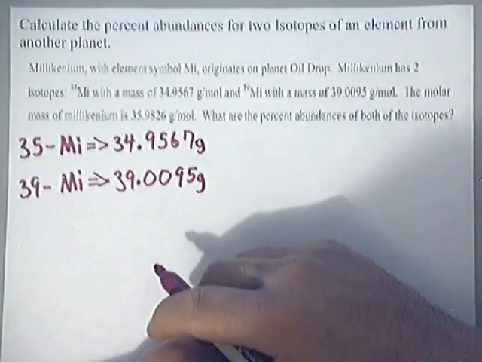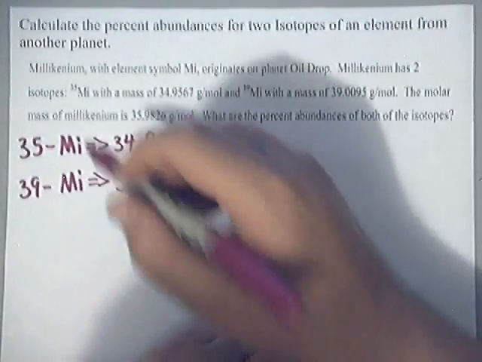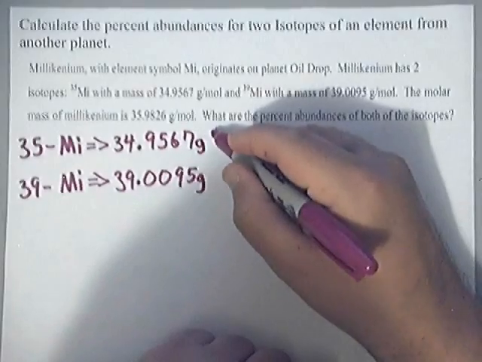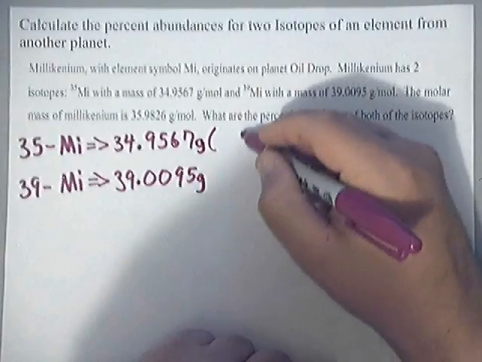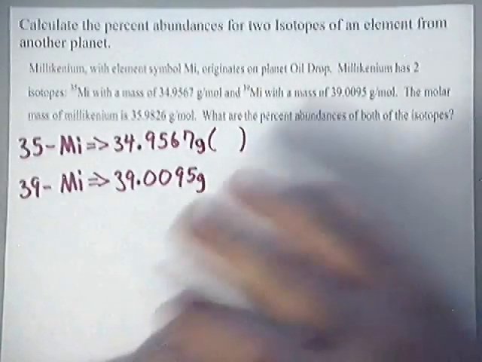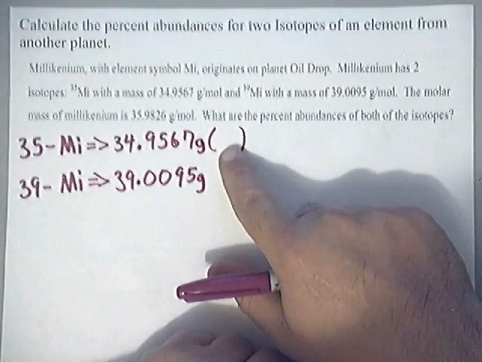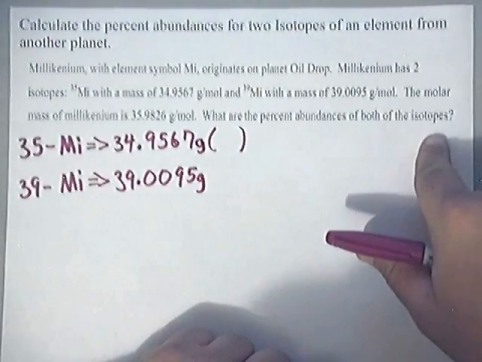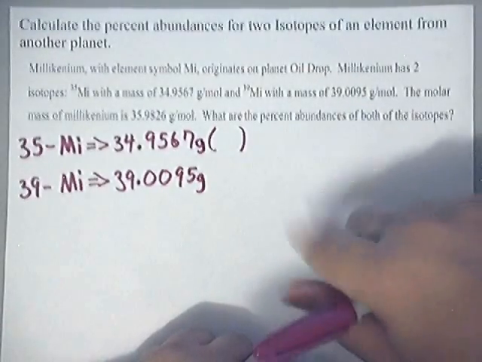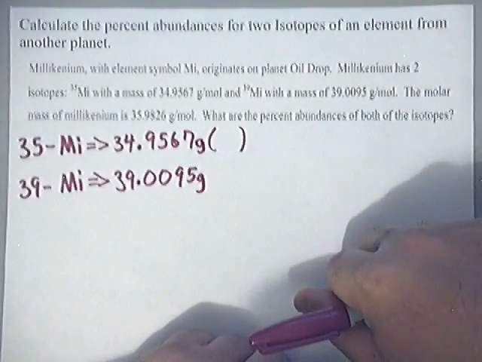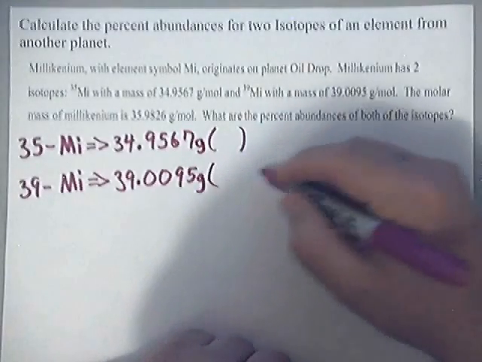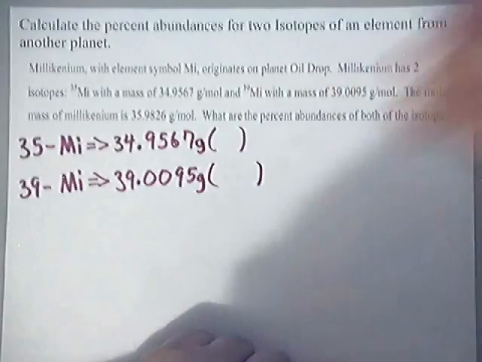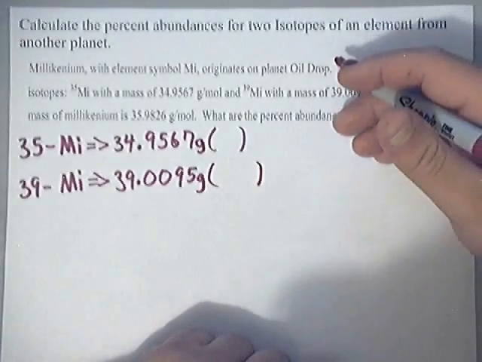Now normally is the time that we would take this number and multiply it by a percentage, like say 70%, but the problem never mentions percentages. Our percentages are unknown, and that's going to be a problem later. So we've got two percentages that we have no idea what the answer is to.